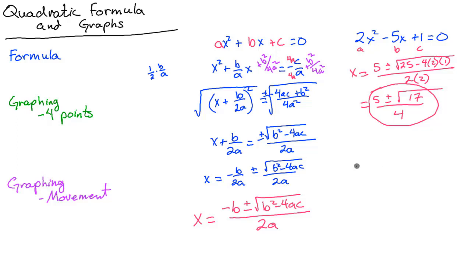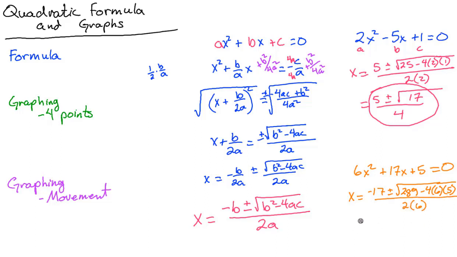Let's do something like 6x squared plus 17x plus 5 equals 0. Oh yeah, look at this guy. If we were to do this one, x equals negative b plus or minus square root b squared minus 4ac all over 2a.